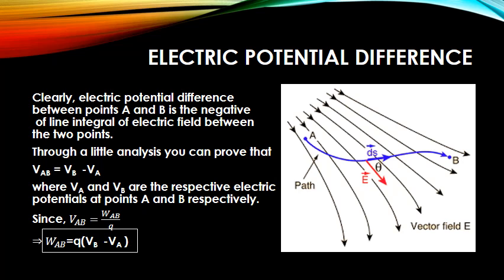Now since VAB is equal to WAB by Q, and since VAB can be written as VB minus VA, WAB, work done by external agent, is given by the formula Q multiplied by VB minus VA. That is an important result and should always be remembered while working out a few basic questions on the concept of electric potential.